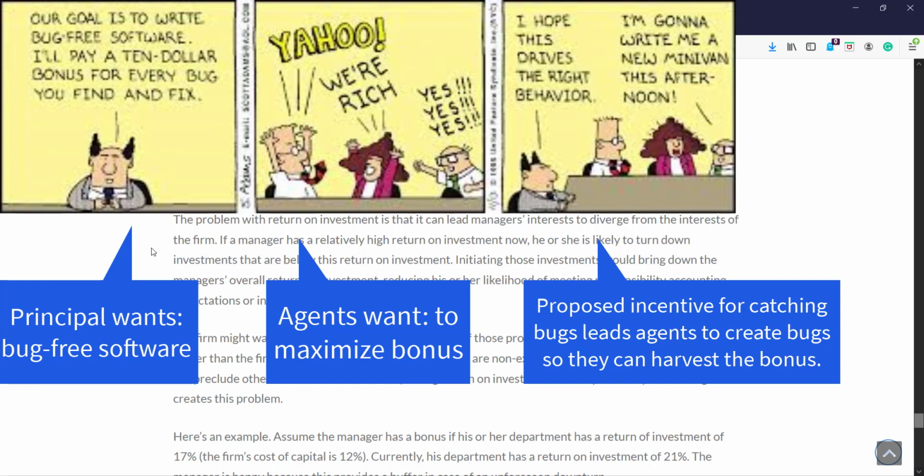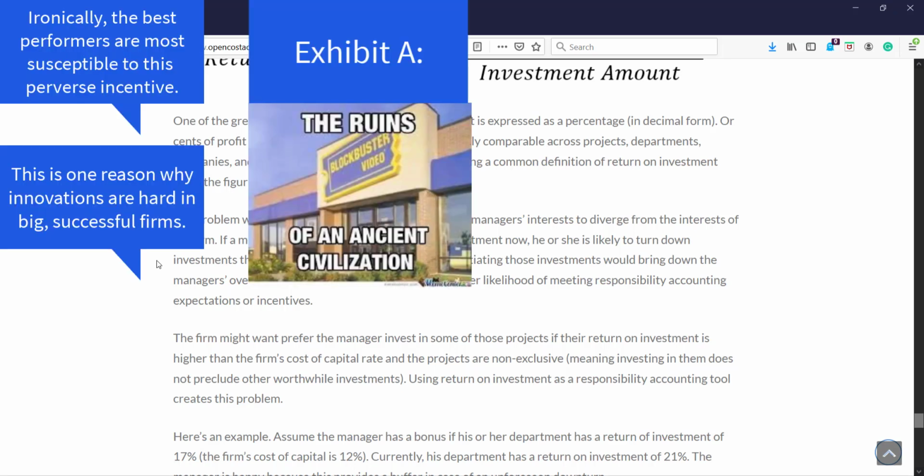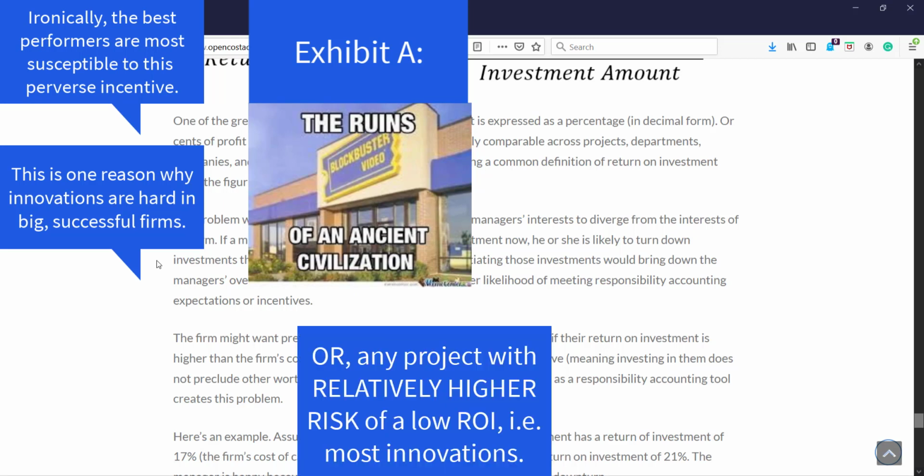And so here, the problem with ROI is that if the manager has any decent skill and makes good decisions with this investment decision right that has been endowed to him or her, then he or she will be able to get a relatively high ROI in a given period. Well, at that point, the manager is now disincentivized to accept any project lower than that high ROI.